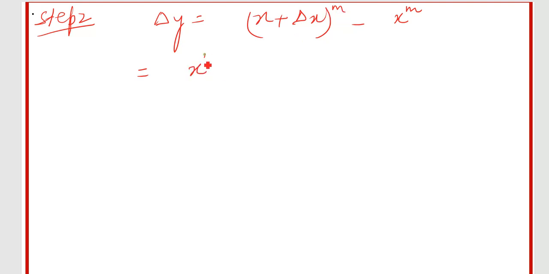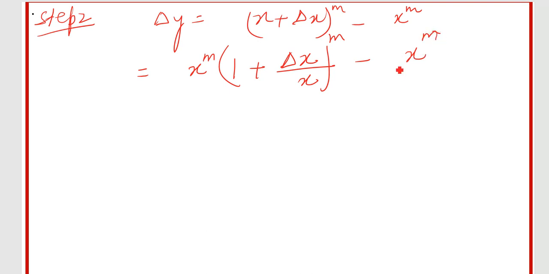It means we can take x^m common from here, though x is not here. But why I have taken x^m, I will let you know in the next step. So if I take x^m common, here we have 1 left plus delta x divided by x, because we do not have x here, whole power m minus x^m.